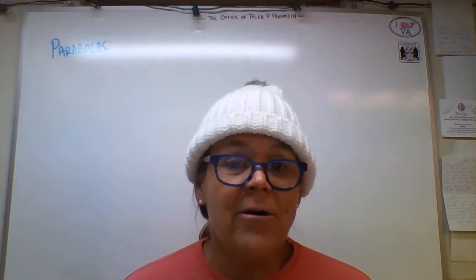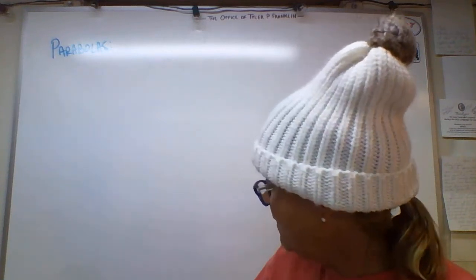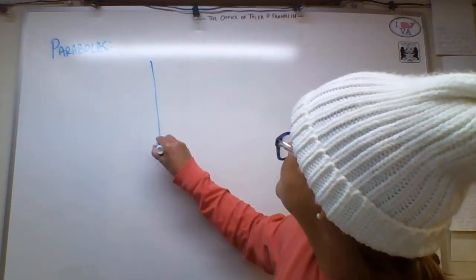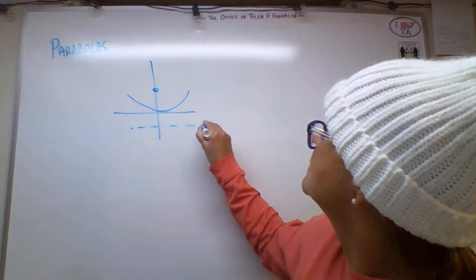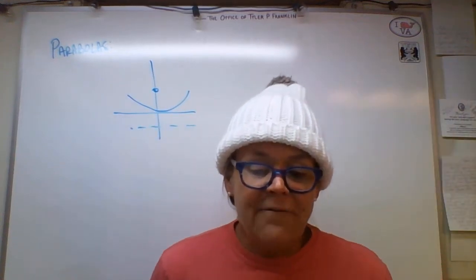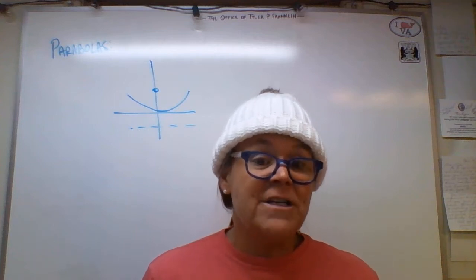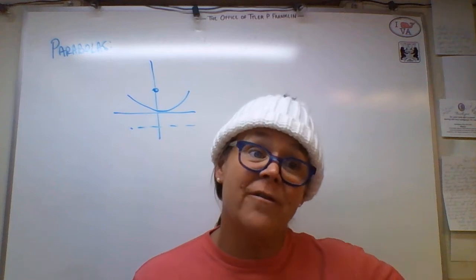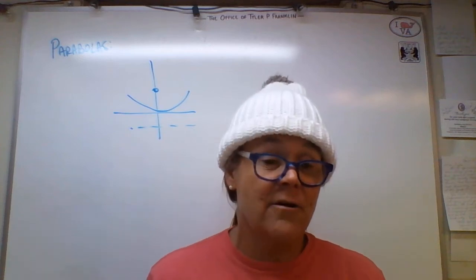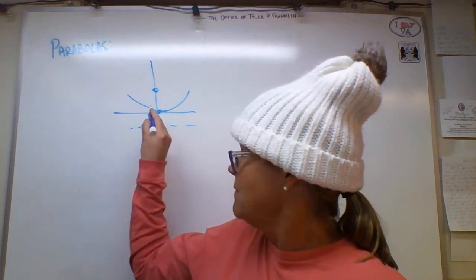So when we talk about the definition, on your packet of notes, I'll label the one. The definition says the vertex is always what it was, the lowest or the highest, or the farthest to the left, the farthest to the right.